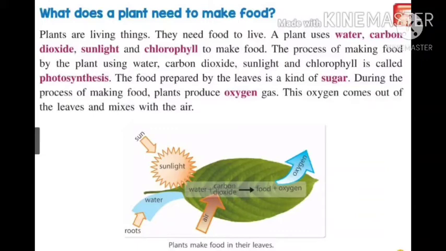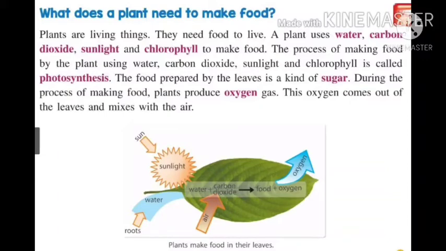So what are the things a plant needs to make its food? A plant needs water, carbon dioxide, sunlight and chlorophyll. Chlorophyll they have in their leaves, and they take carbon dioxide from the air, water from the soil, and sunlight. With the help of that, they make their food.